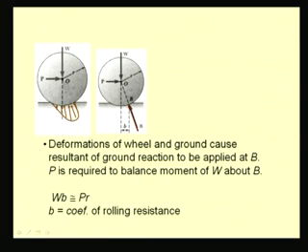So, we see that the reaction is applied at B and P is required to balance the moment of W about B or R with respect to this O or the vertical axis.